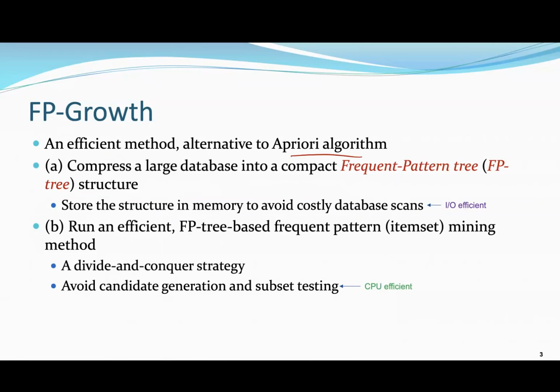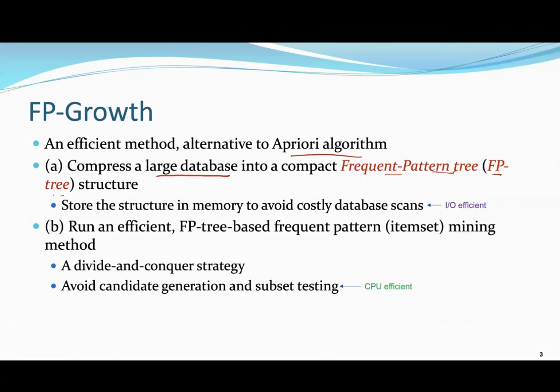The algorithm consists of two components. The first component is to compress a large transactional database into a very compact tree structure. This is called the frequent pattern tree, or the FP tree. So we take the big table of transactional records and compress it into a tree structure.